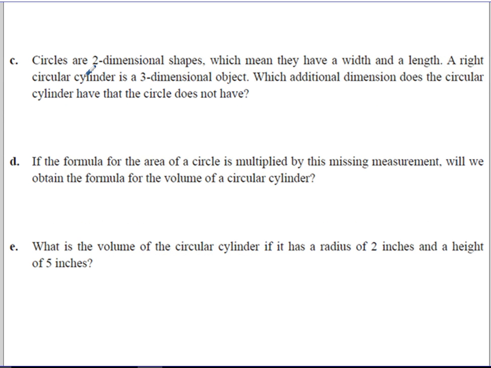Now, circles are 2-dimensional shapes, which means they have width and length. A right circular cylinder is 3-dimensional. And so the additional dimension that we're adding, as we've mentioned a couple times, is the height. Use my sloppy handwriting.